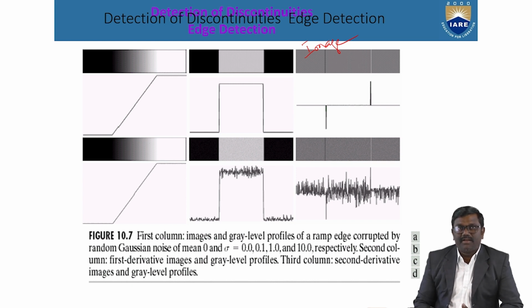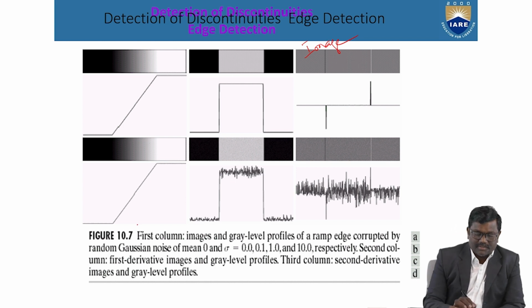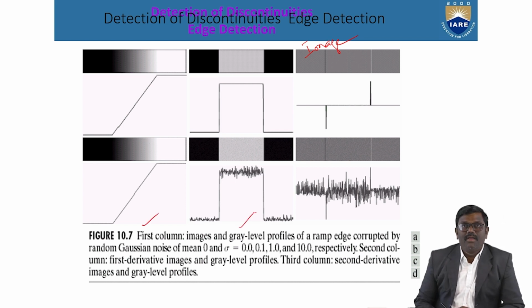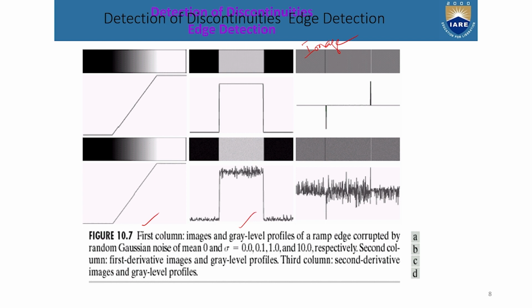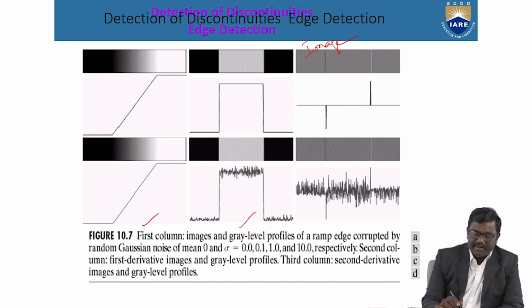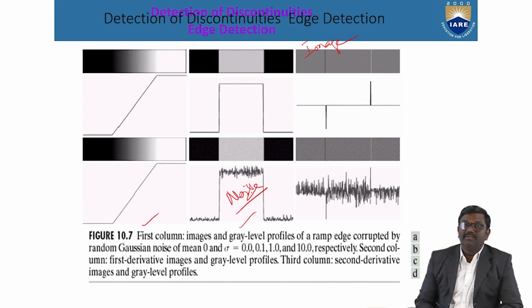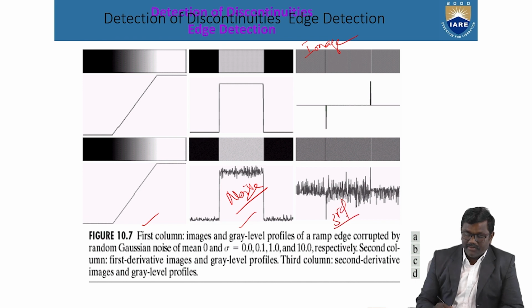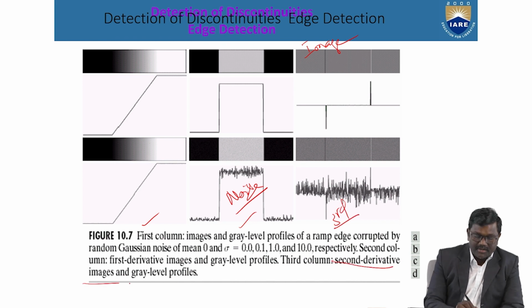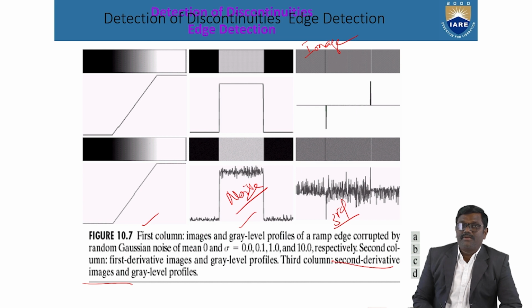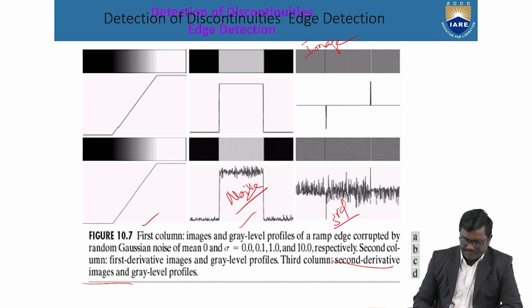In the second column, we observe the first derivative of the image and the gray level profiles, and we find the noise also. In the third column, we find the second differentiation of the image and the gray level profiles.